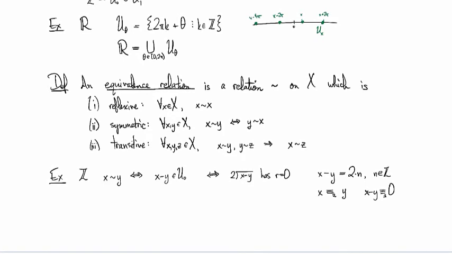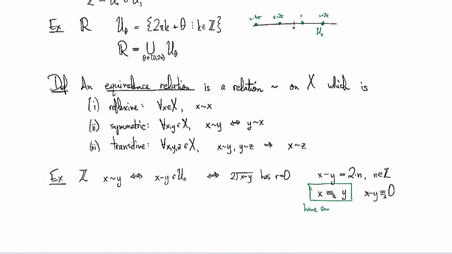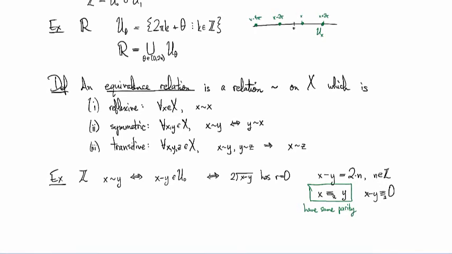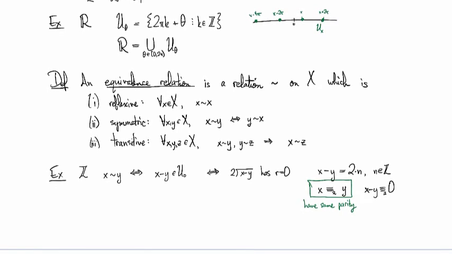And so what this means is that x is congruent to y modulo 2, which means they have the same parity. So they're both even or they're both odd. If they're both even, then their difference will be an even number. If they're both odd, then their difference will be an even number.